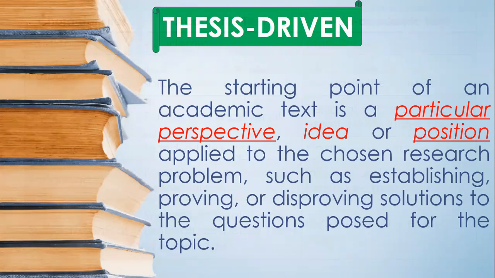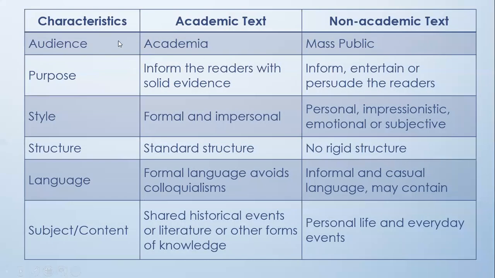Next. This table, as you can all see, summarizes the characteristics of an academic text. From the table, we can already distinguish the characteristics of academic text from non-academic text. So, let's go for the first one. One of the characteristics of an academic text is audience.